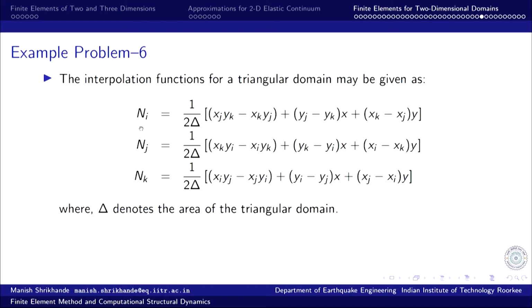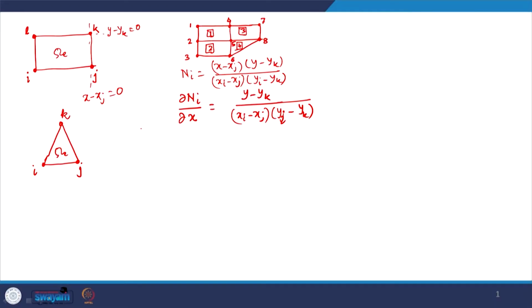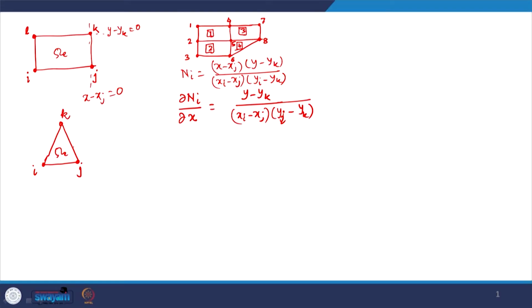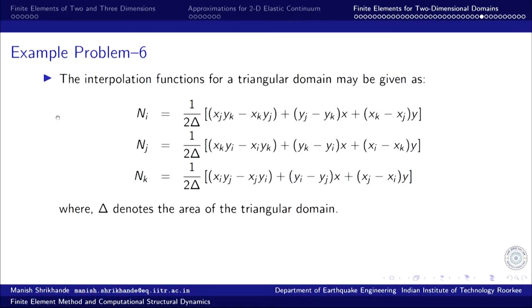So, N_I, the interpolation function for the ith node in the local node numbering for the element, is defined in terms of coordinates of node j and node k as (x_j y_k minus x_k y_j) plus (y_j minus y_k) multiplied by x. So, this is the coefficient of x, and (x_k minus x_j) multiplied by y is the coefficient of y, and the entire thing is normalized by twice the area of the triangle.